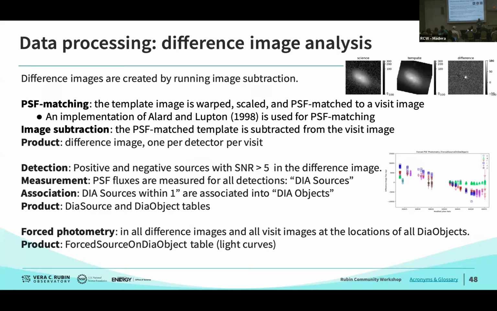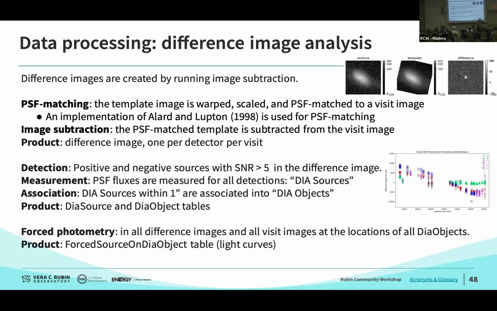Okay, so a little more detail about the difference image analysis. That image subtraction process involves PSF matching the template image to the visit image so that you're subtracting like from like. For that particular algorithm, we use the Alard-Lupton algorithm for PSF matching.